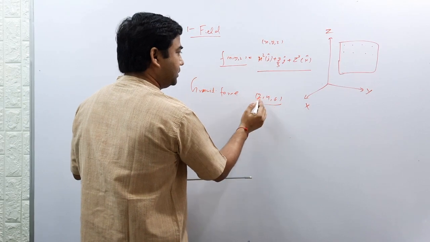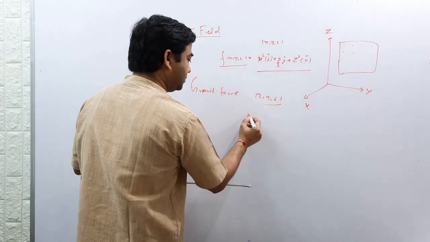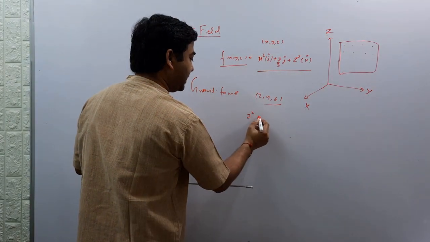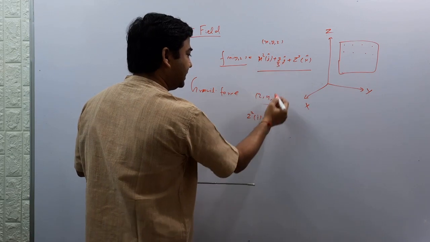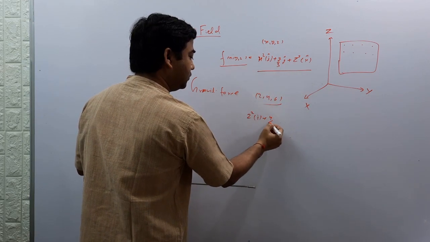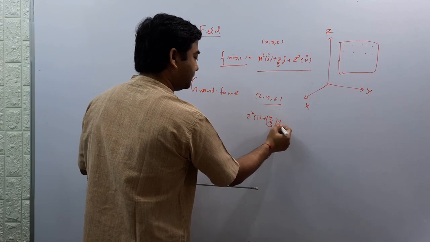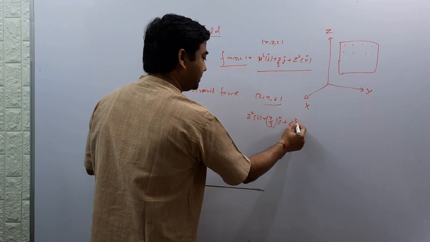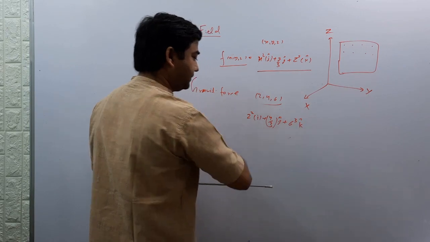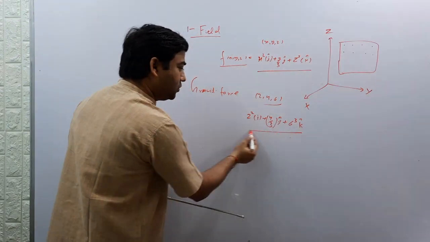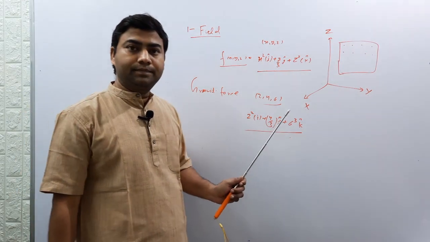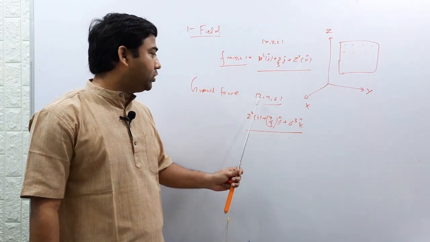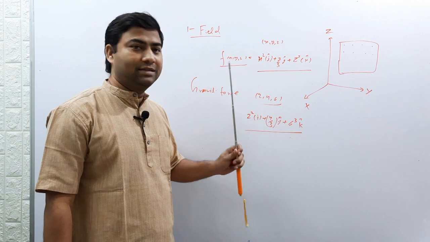So just put 2 square i plus y is 4 by 3 j plus z is 6 cube k. This you have got as an absolute vector. This is the field at point 2, 4, 6.